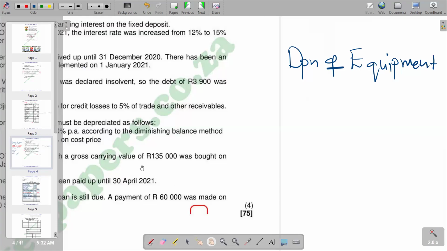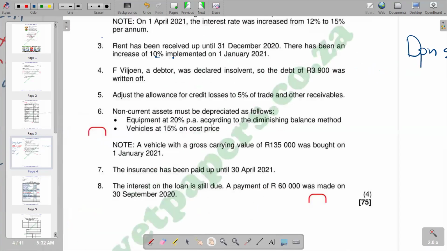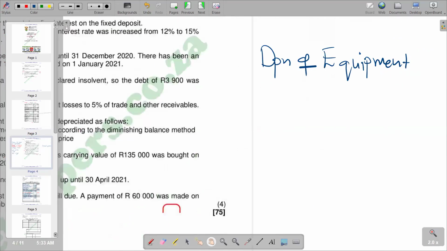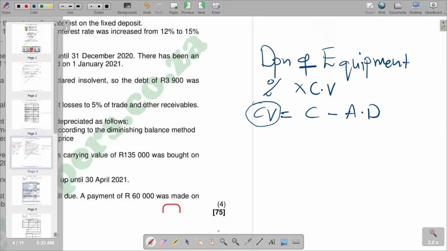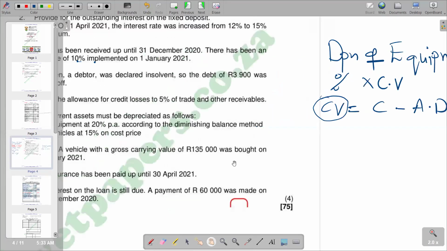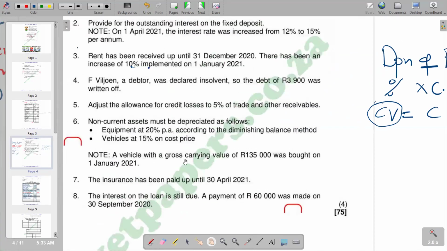So on depreciation on equipment, we are being told that it's on the diminishing balance method. And we know that for the diminishing balance method, the formula that we use is percentage times carrying value. And carrying value, we get it by saying cost minus accumulated depreciation. So first of all, we have to find the carrying value of our equipment. And remember, you should also check if you've got additional equipment bought during the year. You see that we only have a vehicle that was bought.